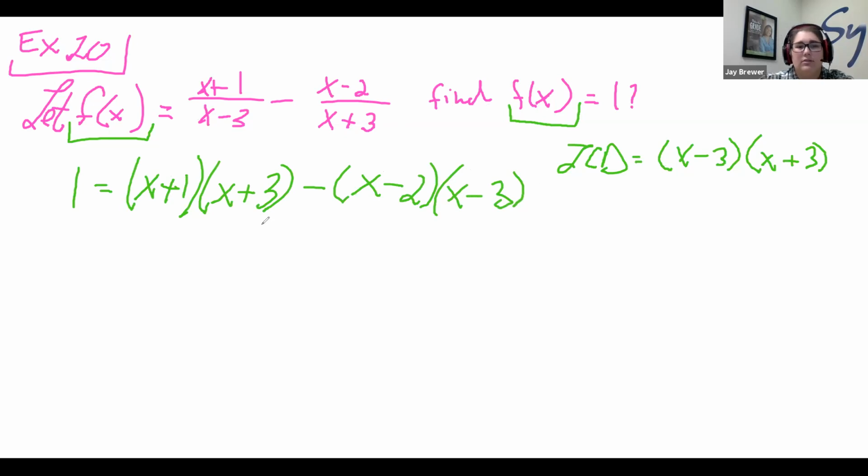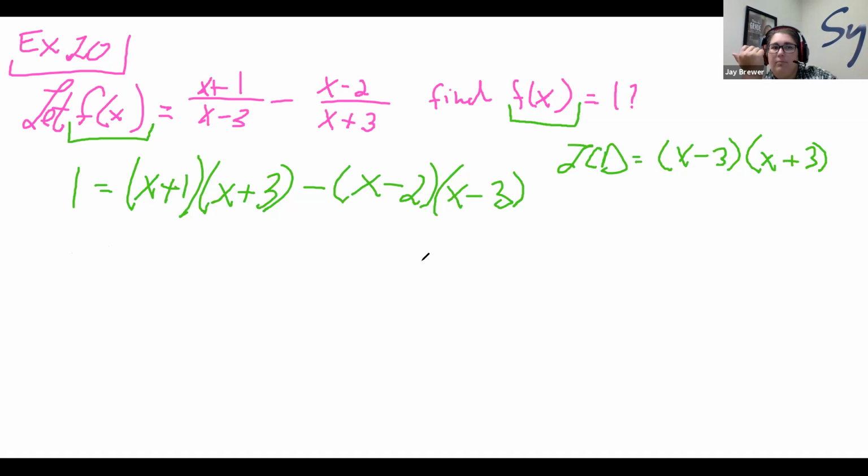All right. So now let's go through and FOIL twice, and then we will simplify and figure out what to do next. Oh, wait a minute. Did I make my next step right? What do you guys think? What did we do on the right-hand side?